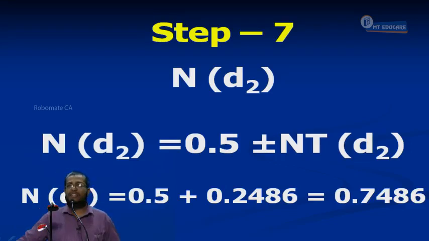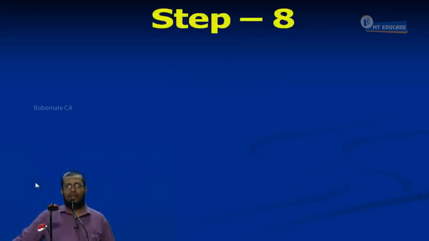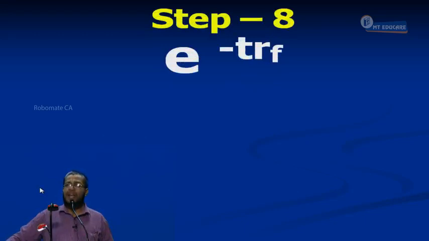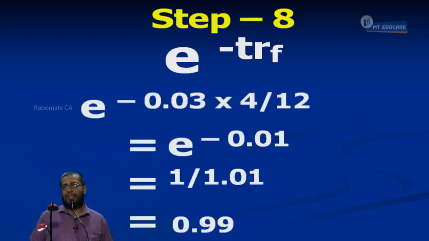Now, the next step is step number 8. E power minus TRF. What is T? 4 by 12 into 0.03.